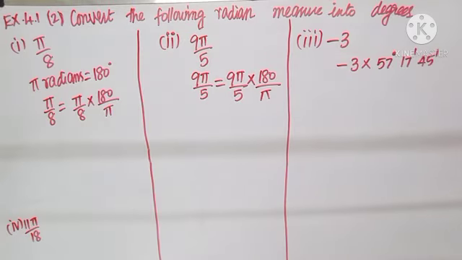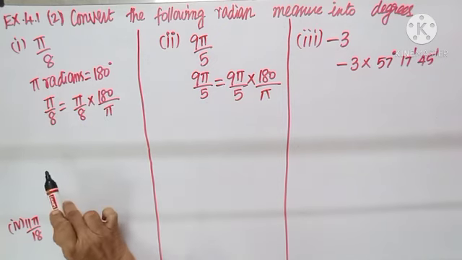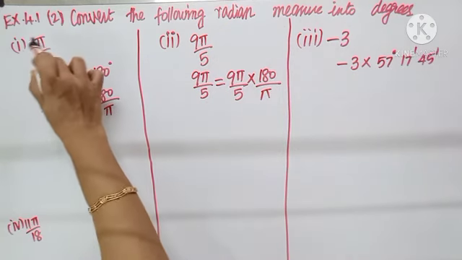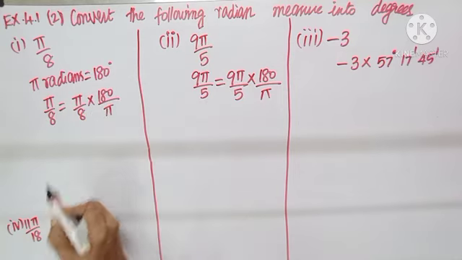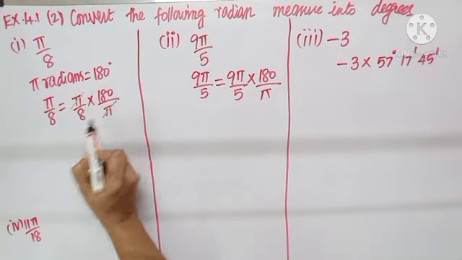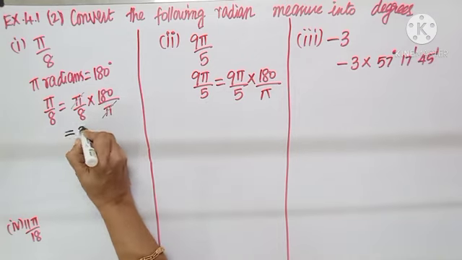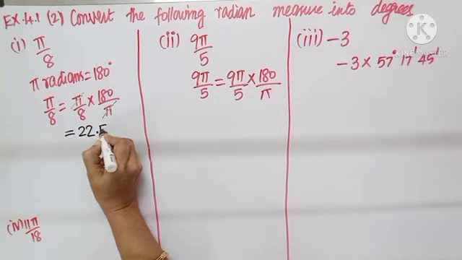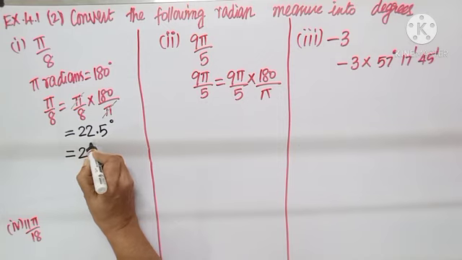Question number 2. Convert the following radian measures into degrees. Let us remember pi radians is 180 degrees. So whatever radians they give, multiply by 180 by pi. Pi we can cancel. 180 by 8, as you divide, use a calculator, it is 22.5 degrees.